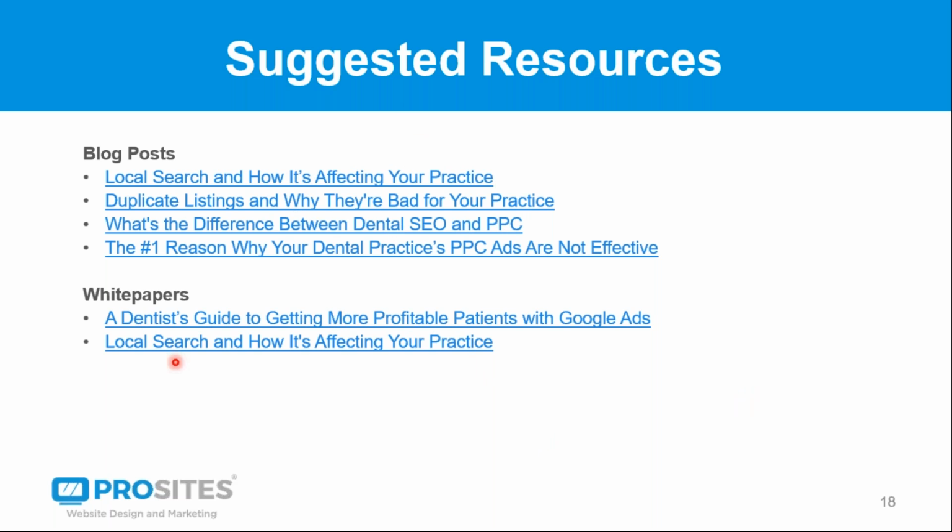If you have a little bit more time, each of these white papers really goes into detail on what AdWords is, what optimizations are typically needed in Google Ads, and then also what you can expect from the different metrics that I've presented. And then local search and how it's affecting your practice is the same thing. It's an explanation of SEO, which website factors typically influence your rankings, and it will also explain what external factors influence your rankings, like backlinks.